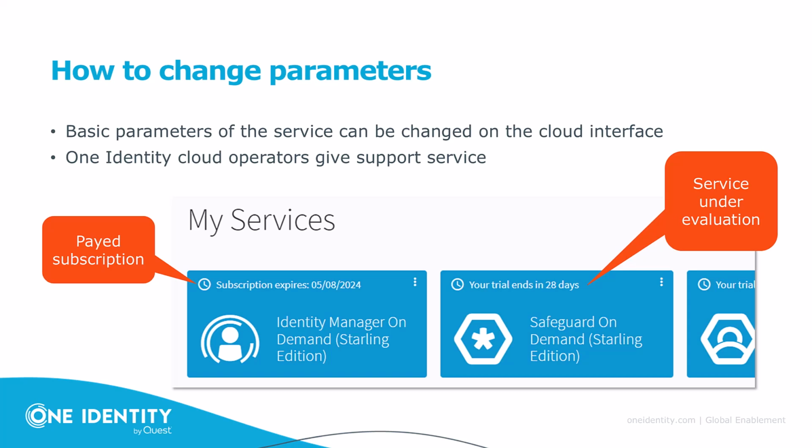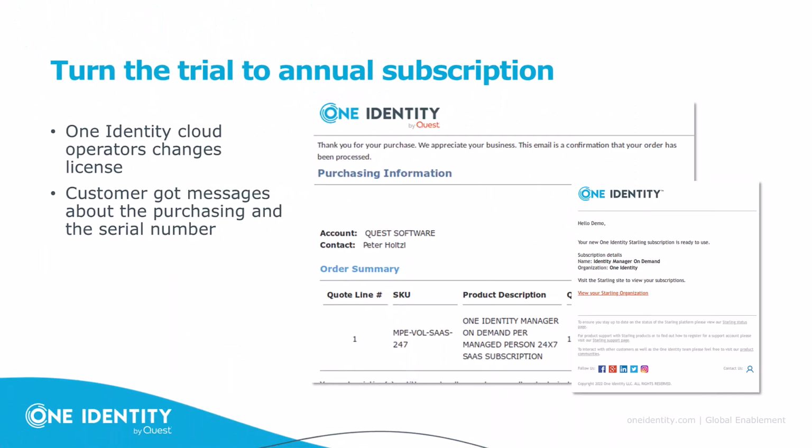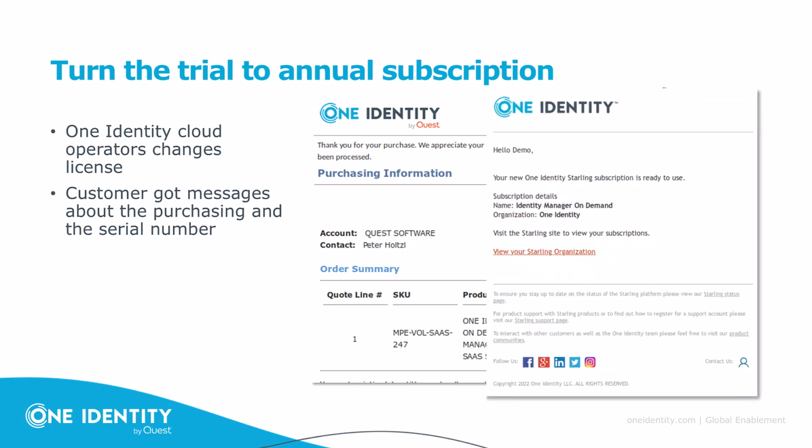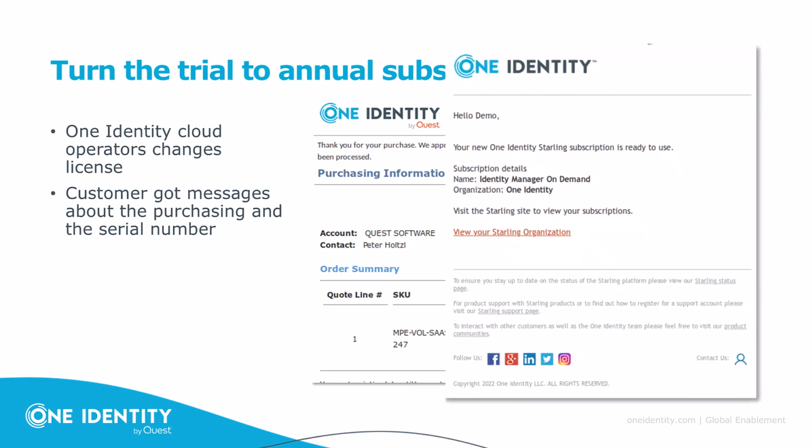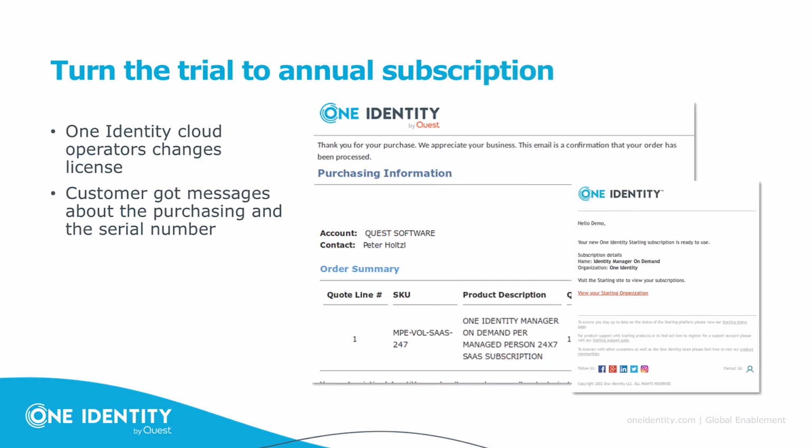If you want to change it, then you need to purchase it. If you decided to purchase the product, you need to contact One Identity. Of course, you need to sign a contract, and then you're going to be notified via an email about the purchase information. And then our administrators, we call them cloud administrators, are going to change the licensing of your product.